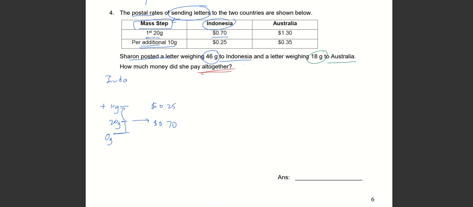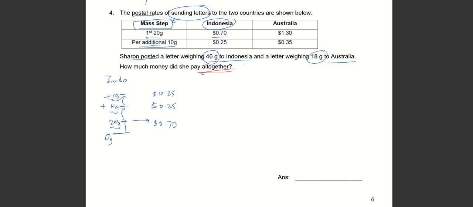If I plus 10 grams here, that makes a total of 30 grams. For Indonesia, I must reach 46. Then from 10 grams, I add another 10 grams. So 20, 30, 40. I reach 40, that I add another 25 cents. Now, however, at this point, 20, 10, 10 is only 40 grams.